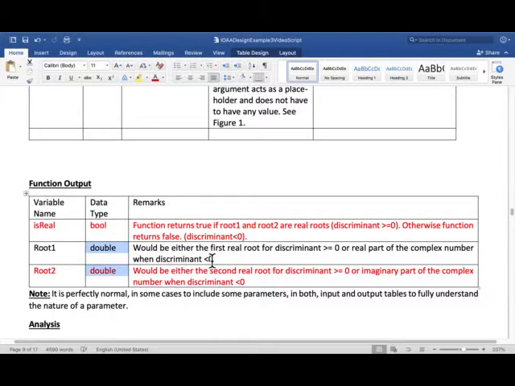So in that case, it's just like the final value. And root 2 will be either the second real root for discriminant greater than or equal to 0, or only the imaginary part of the complex number when it's 0.